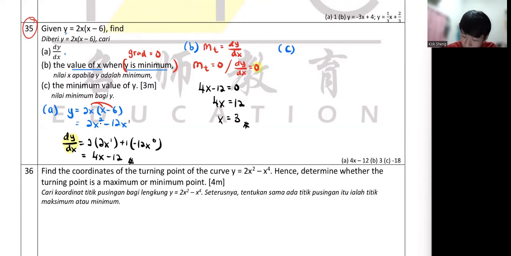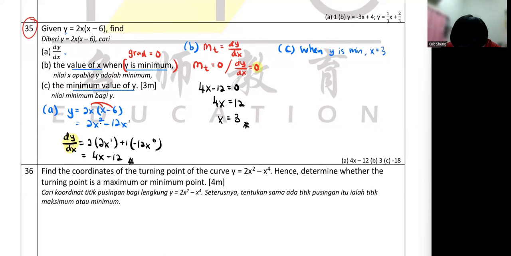Okay, and the last one. Find the minimum value of y. So how to find this value? The same. Just now we know that when the y is minimum, the x is 3.